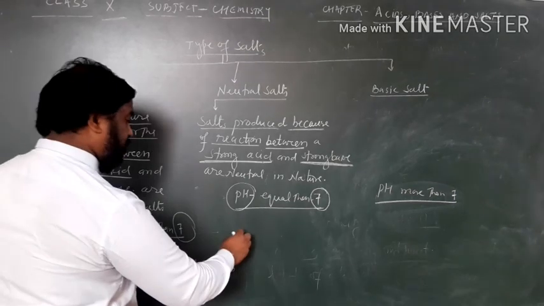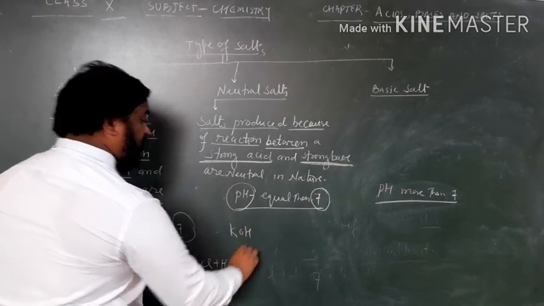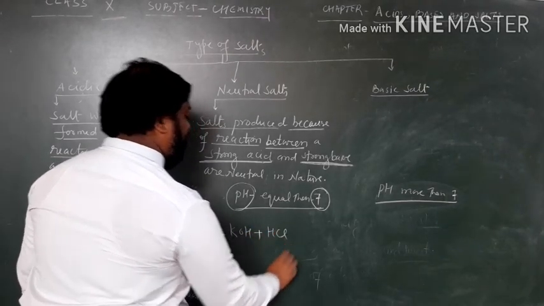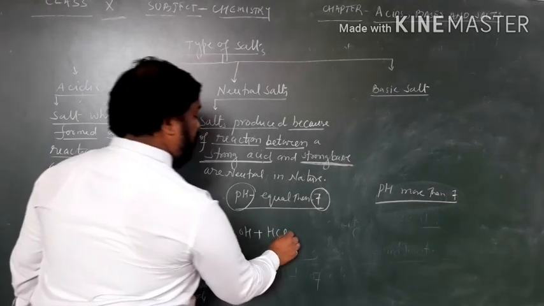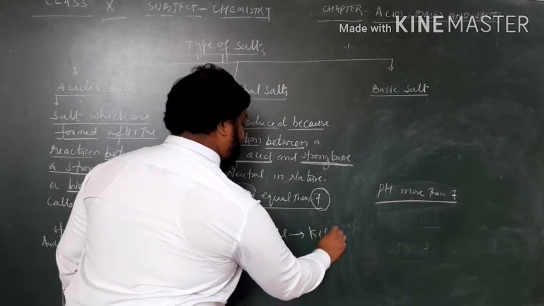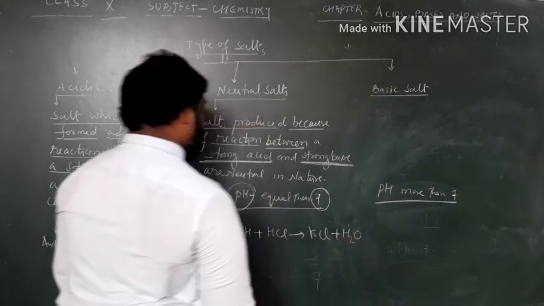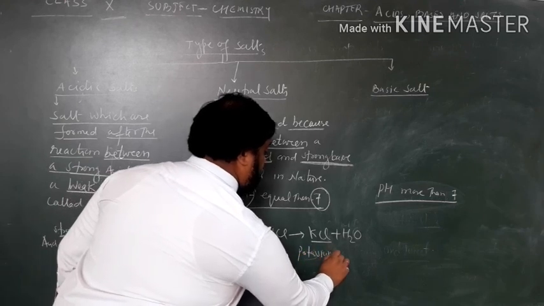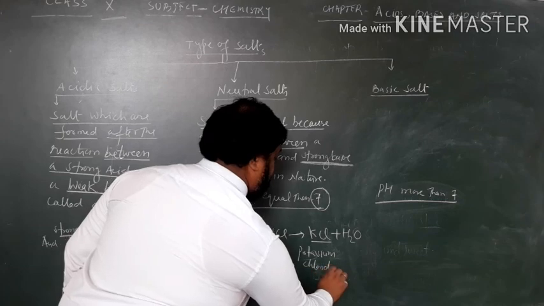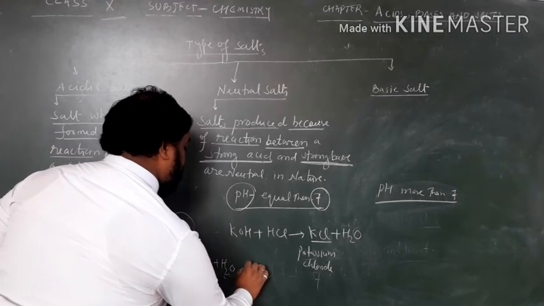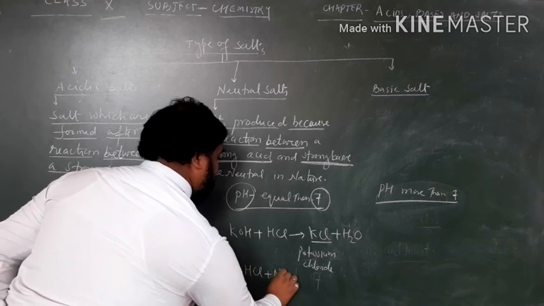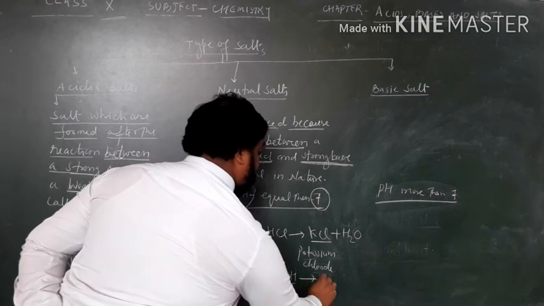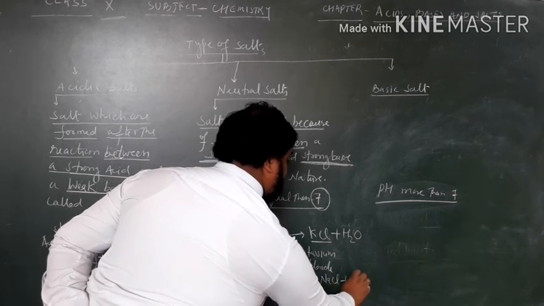For example, potassium hydroxide reacts with hydrochloric acid, HCl, to form KCl, potassium chloride, plus H2O. For example, HCl plus NaOH, both are strong, gives NaCl plus H2O.